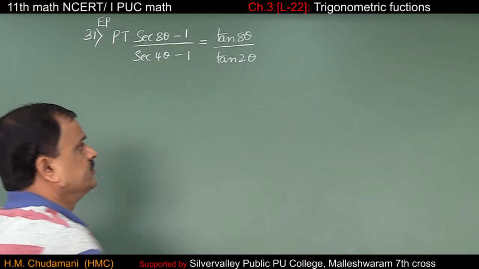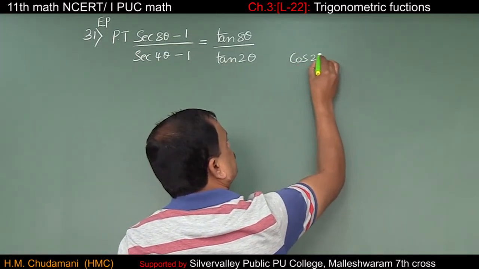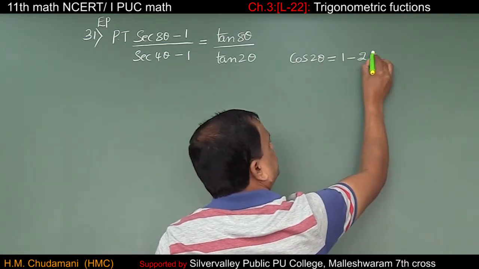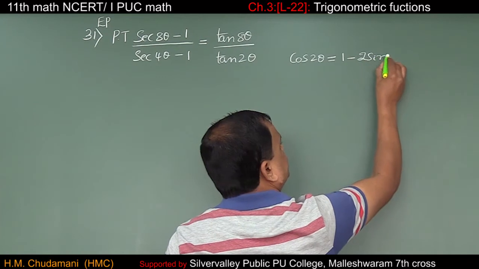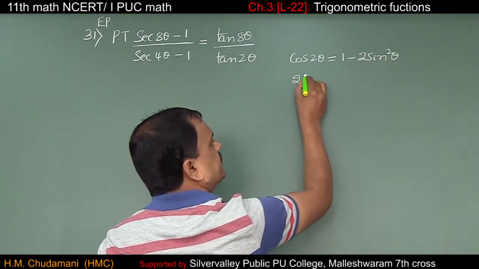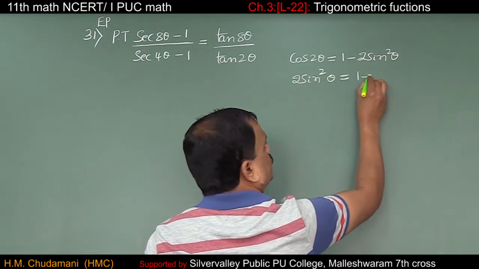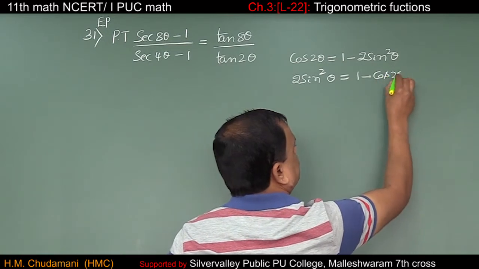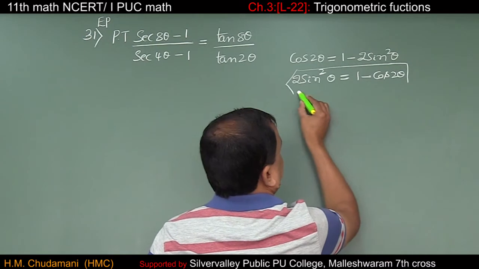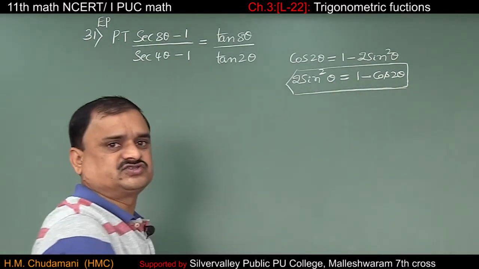Okay. So again we have a formula, cos 2 theta is equal to, in terms of sine, 1 minus 2 sine square theta. 2 sine square theta to the left side is equal to 1 minus cos 2 theta. 1 minus cos 2 theta is 2 sine square theta. 2 theta means half of that.